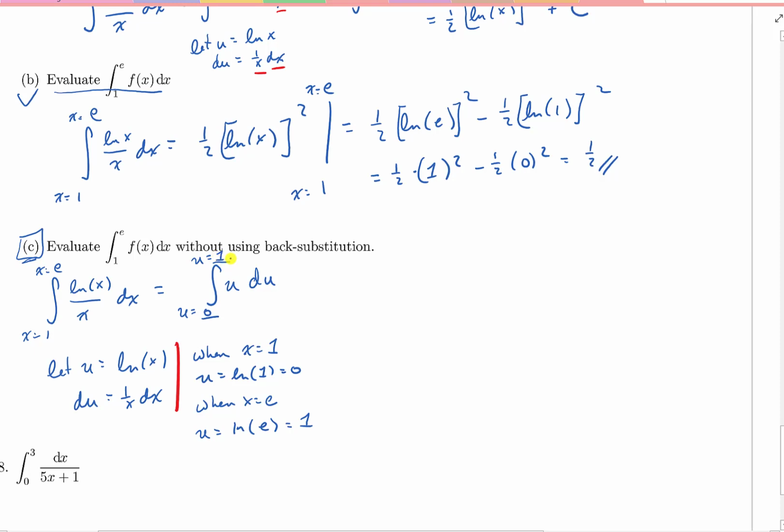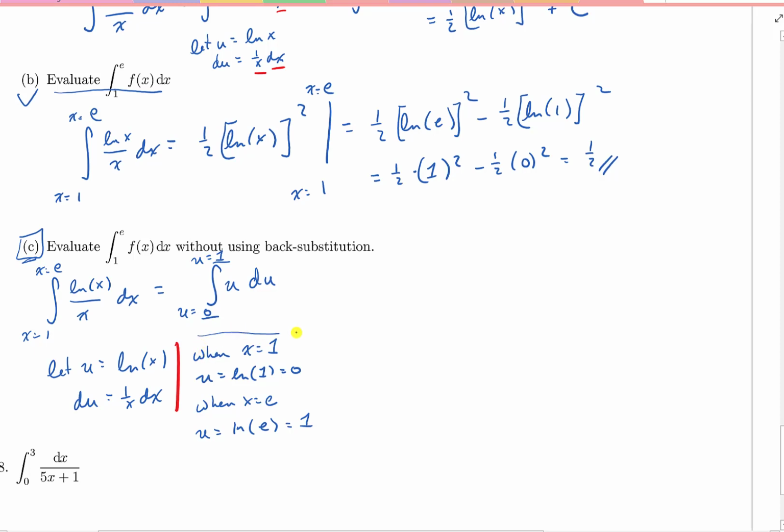So notice what we did here. This is different. We started with the original definite integral. Everything was in terms of x. We did the u-substitution. Nothing too exciting there, just like we've always been doing. But not only did we adjust the expression inside the integral, because it's a definite integral, we need to also adjust the limits of integration.